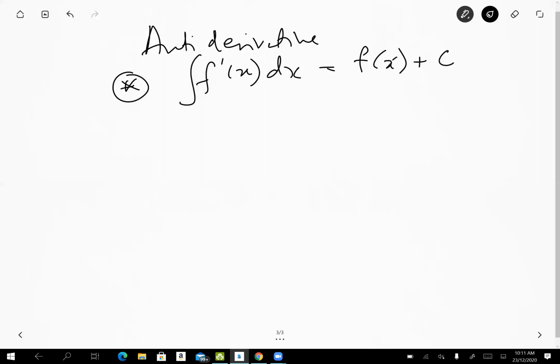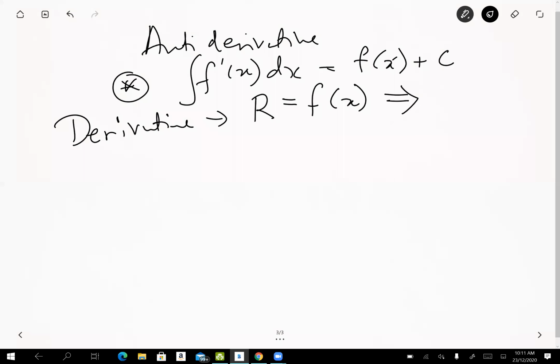Now in application, we will start from derivative. If I differentiate revenue, what do I get? What function do you call the derivative of the revenue? Marginal revenue, okay? So you get MR, that means marginal revenue.